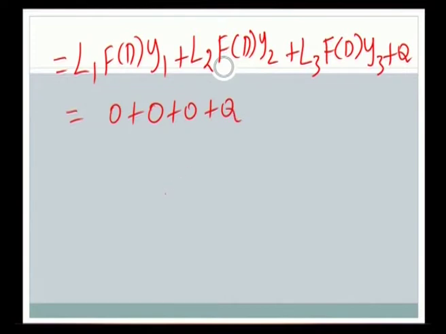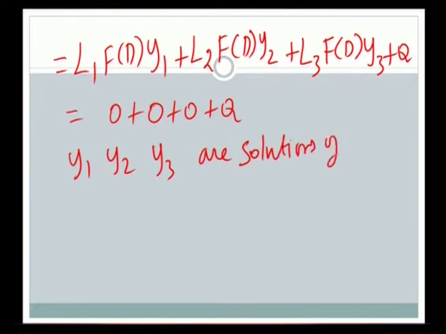So, y1, y2, y3 are solutions of f of D into y is equal to 0. So, this is how the L can be obtained for the variation of parameters.